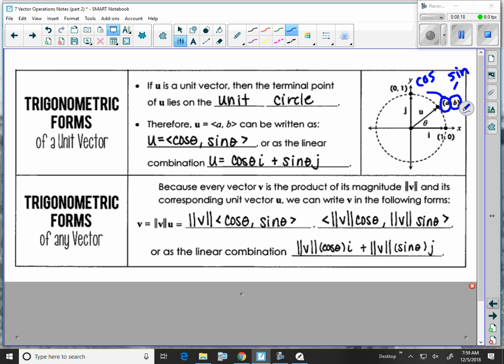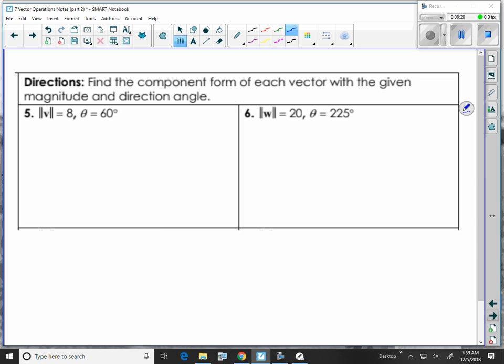So we already have the magnitude, which is 8. So our vector is going to be 8 times, and we're using component form, cosine of 60 degrees, comma, sine of 60 degrees.